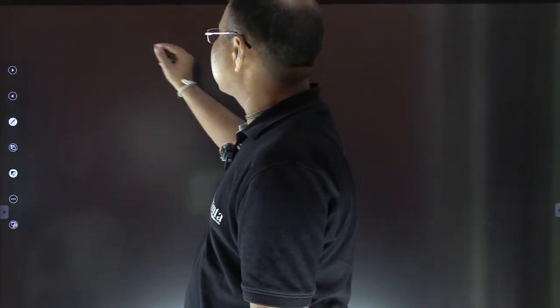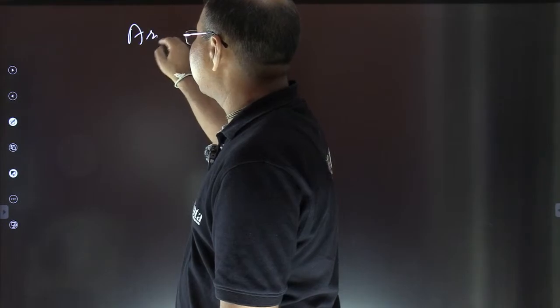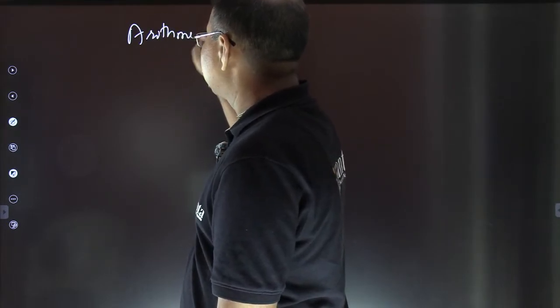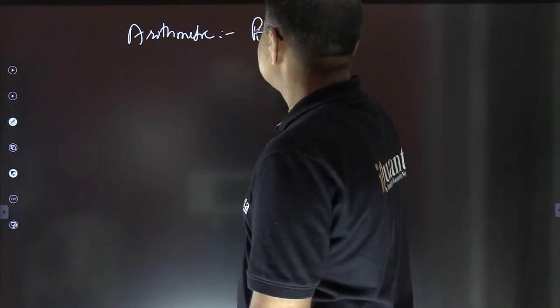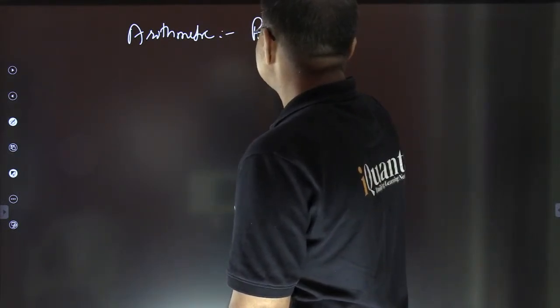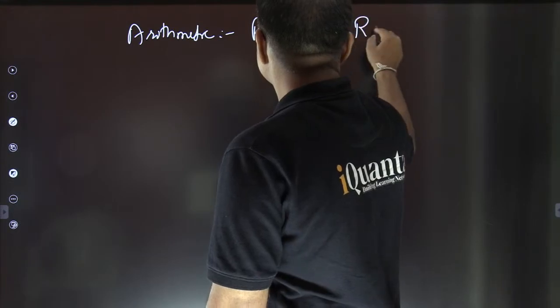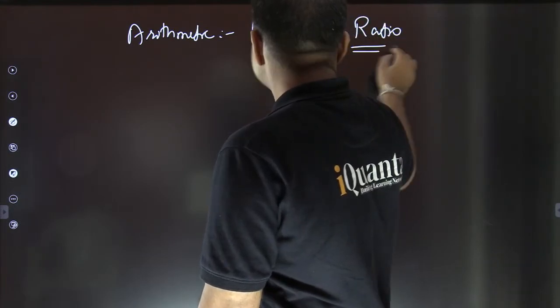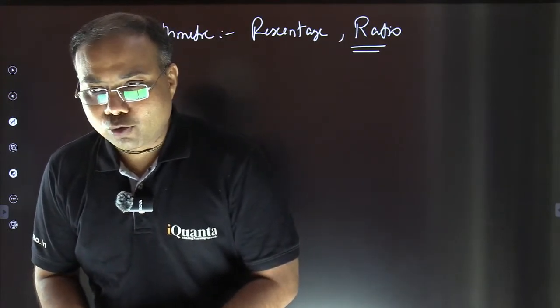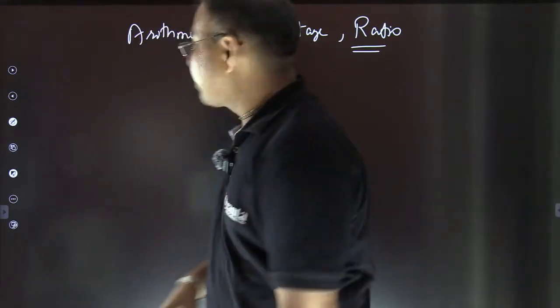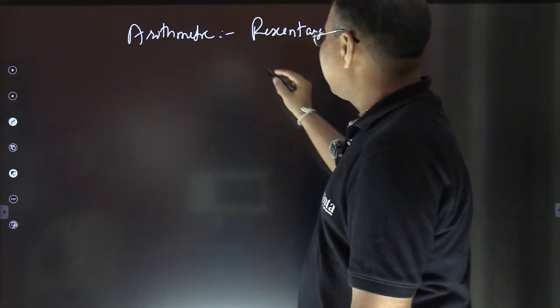Okay. So in the last session of Quant, we discussed a topic of arithmetic. I think we took percentage and ratio, right? We discussed these two topics. So today we'll be discussing further topics of arithmetic only.